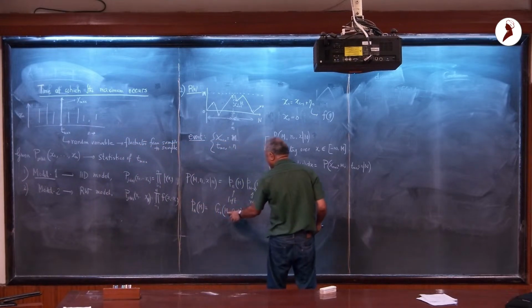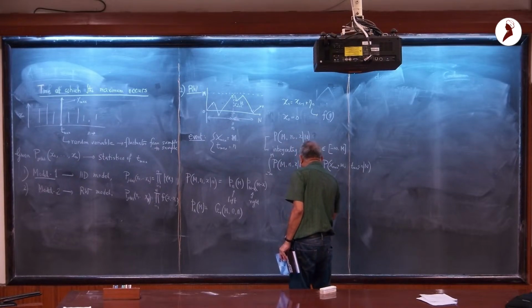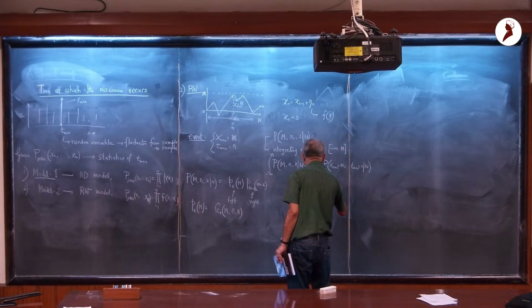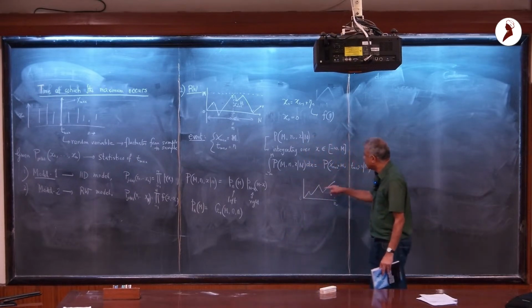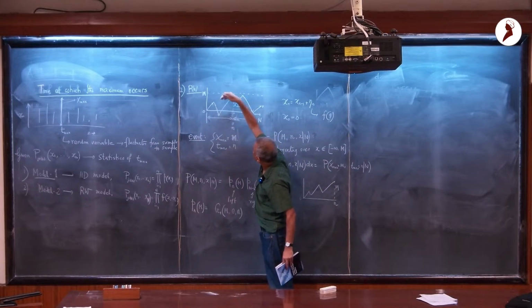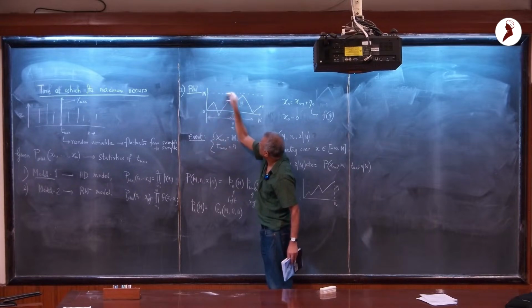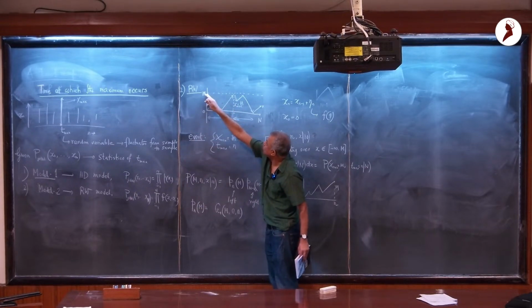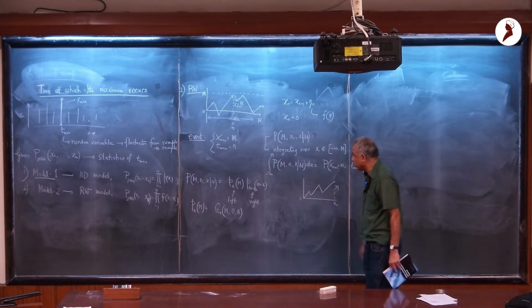So the left part is a walker which starts at the origin and arrives at m after little n steps. If you reflect this and look at it in the opposite way, with time going opposite, we are going from 0 to n steps. So this is exactly that. This we already know.